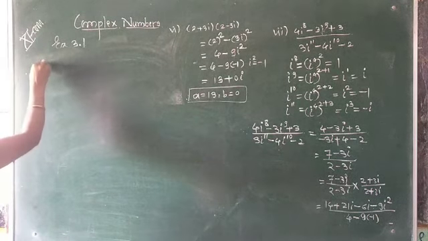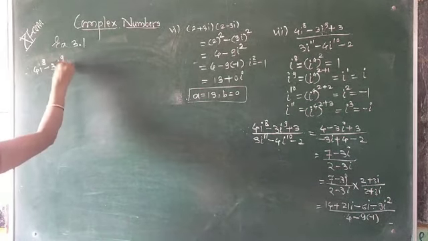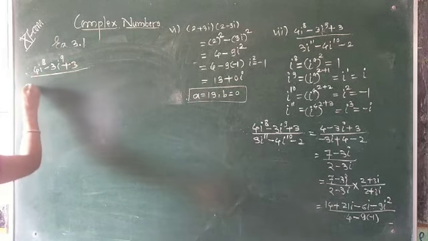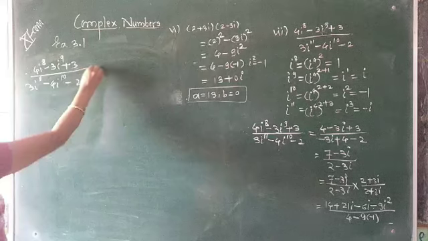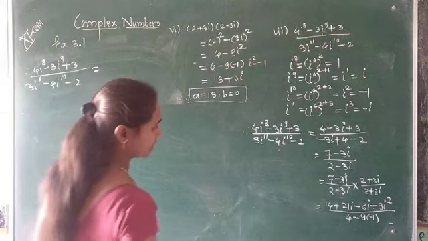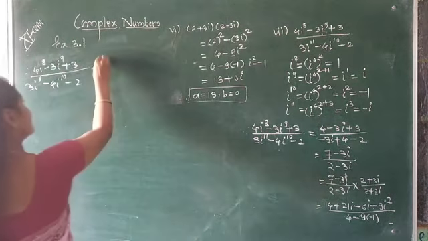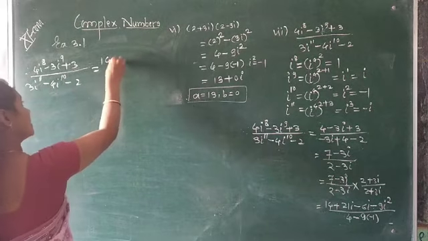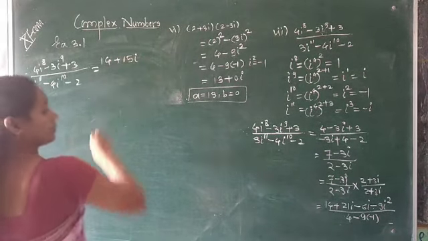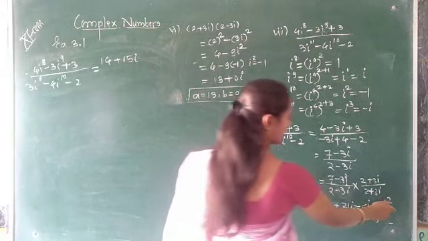Therefore, the expression is equal to 14, 21 minus 6 that is plus 15, and here the value of i square is minus 1.